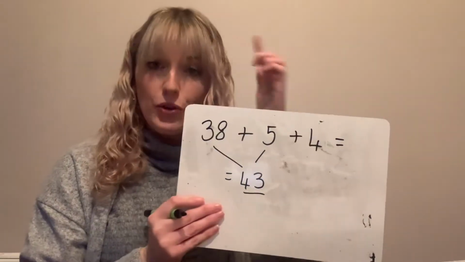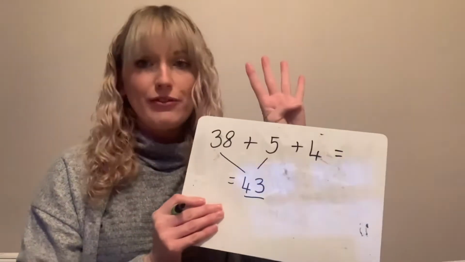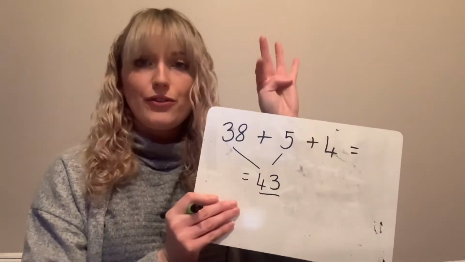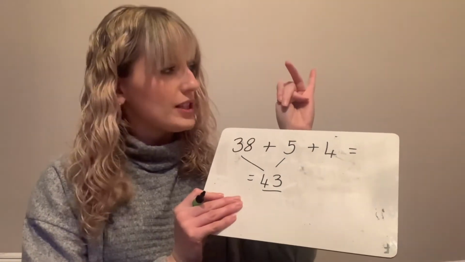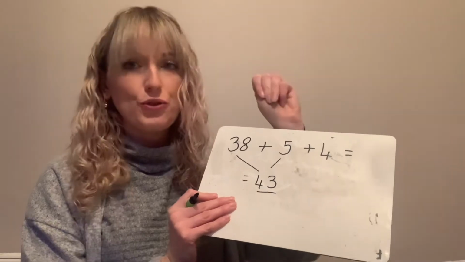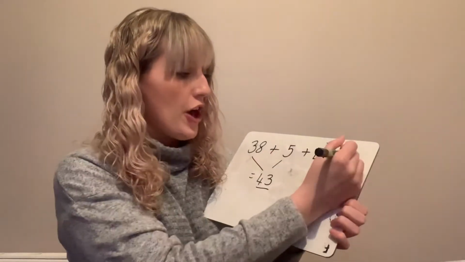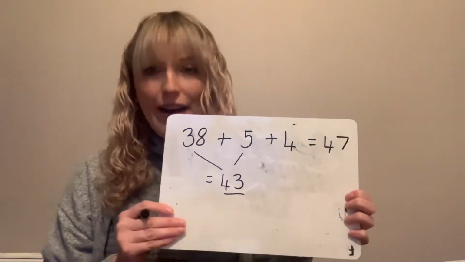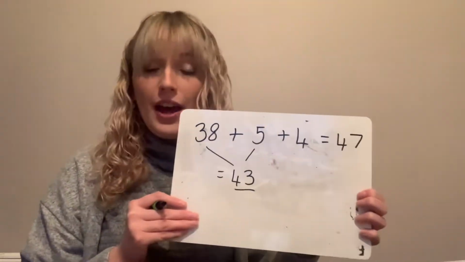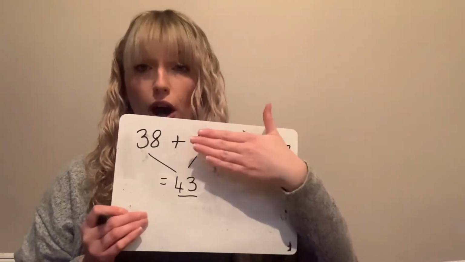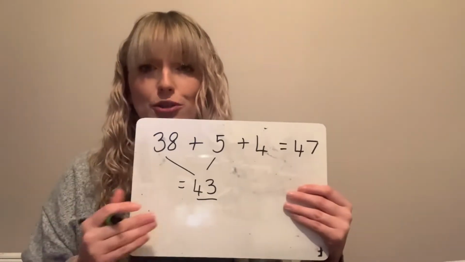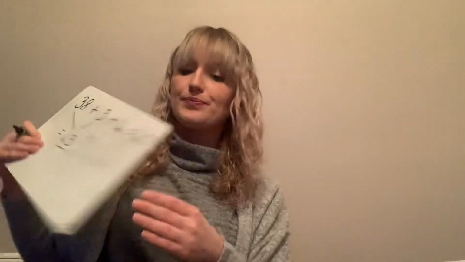Okay, so I'm going to put 43 in my head, get my 4 fingers, remember to count with me. 43, 44, 45, 46, 47. So my overall answer is going to be 47. Okay, so that's a top tip. Cover parts of the number sentence up to help with your working out and just do it in sections.